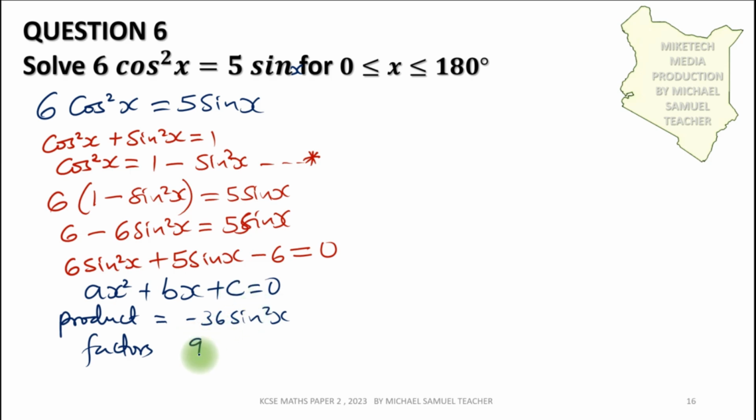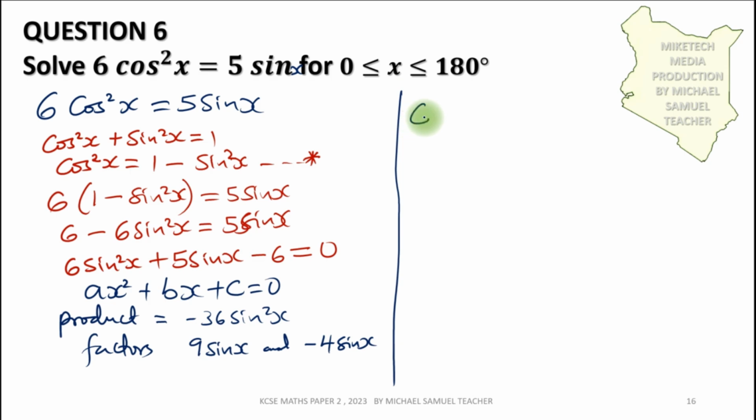So we shall have 9 sine x and minus 4 sine x. Remember, if we multiply 9 sine x and minus 4 sine x, we get minus 36 sine x squared. So that's what we are going to write in the expanded form, the middle part.